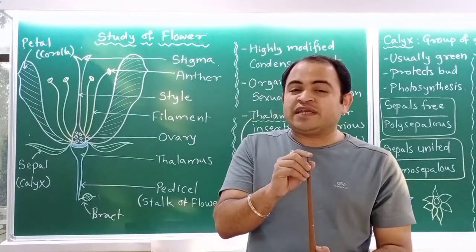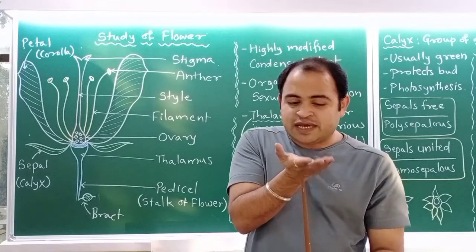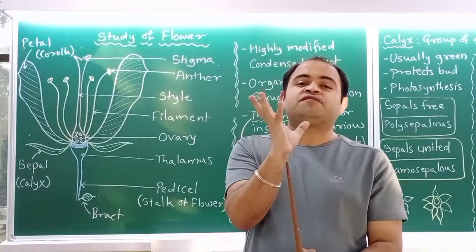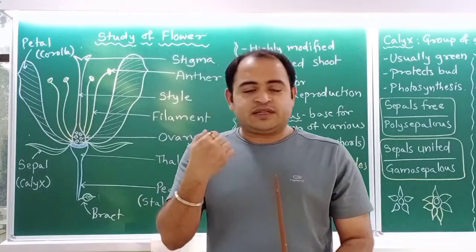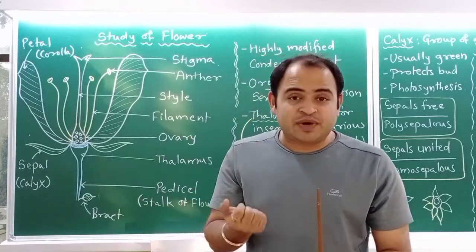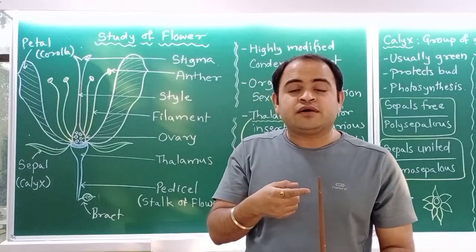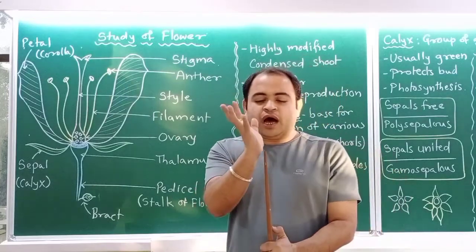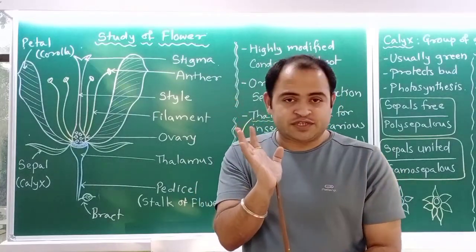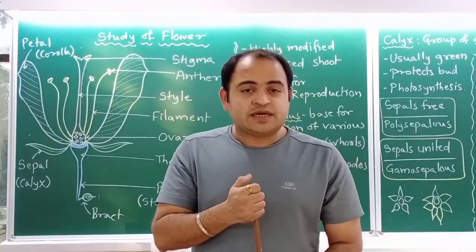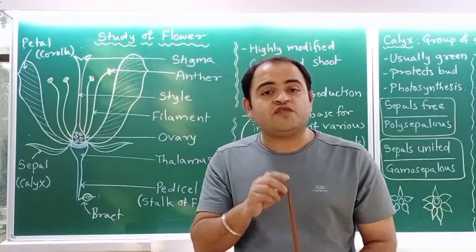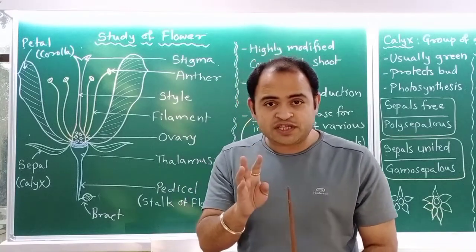At the end of pedicel there is presence of thalamus, and on the thalamus various floral whorls are arranged. Let there be ovary, let there be petals, let there be sepals or anther filament. Whatever the things are there, they are arranged on the thalamus. So thalamus always provides a surface for insertion of various floral whorls. Are you getting this point?